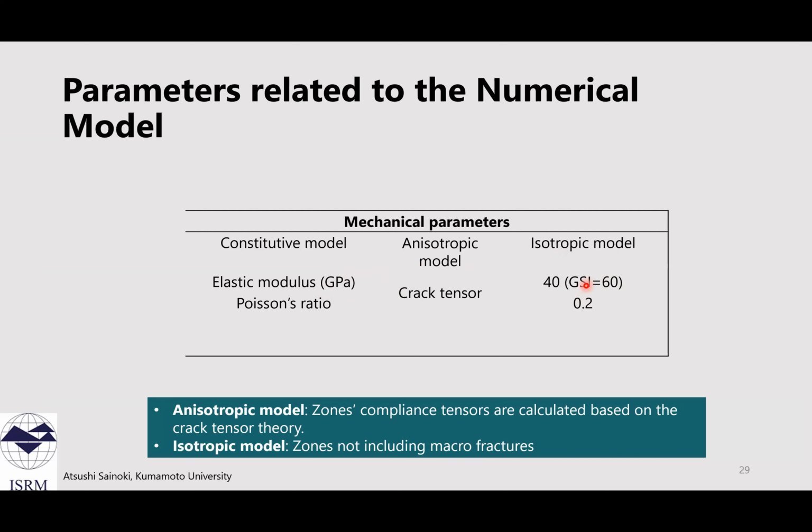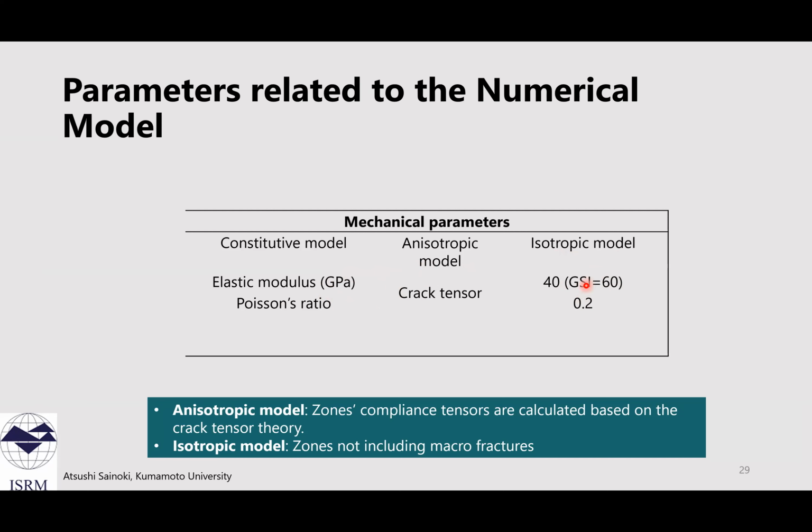And then this figure shows the boundary conditions. As can be seen from this figure, stresses are applied to the external boundaries. The vertical stress applied is 10 megapascal, while the horizontal stress applied is 15 megapascal for the x and y directions.